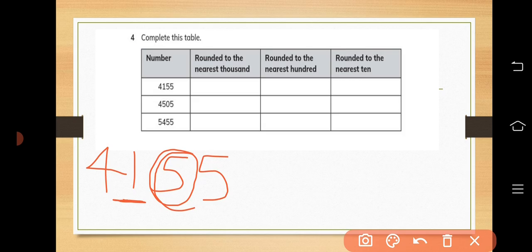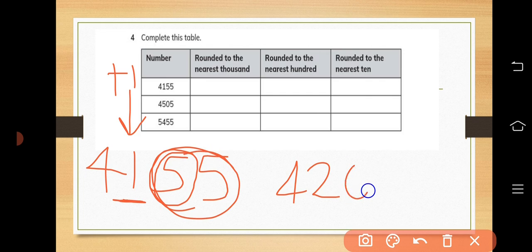Now here this value is equal to 5, so it means that you have to add 1 in this value. Okay, now 4 remains the same. 1 plus 1 is equal to 2, and the remaining value becomes 0. So the correct answer, the approximation answer is 4200.